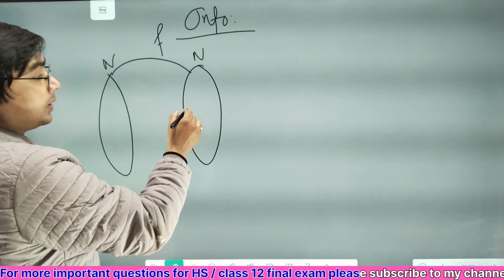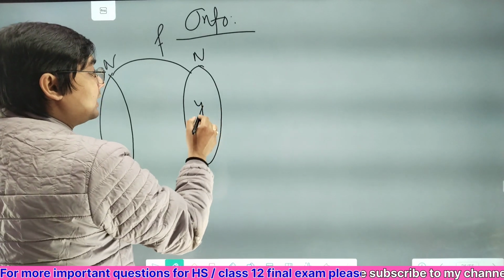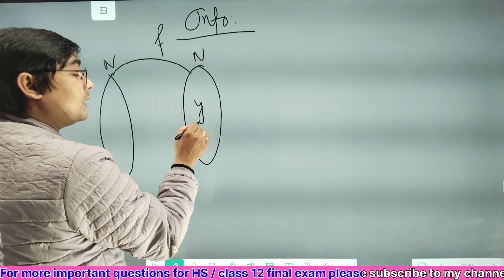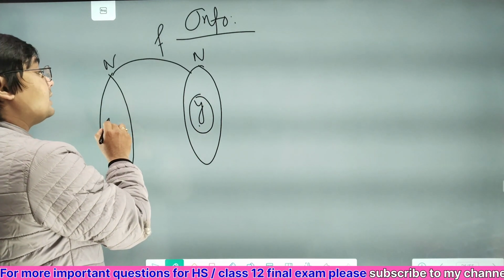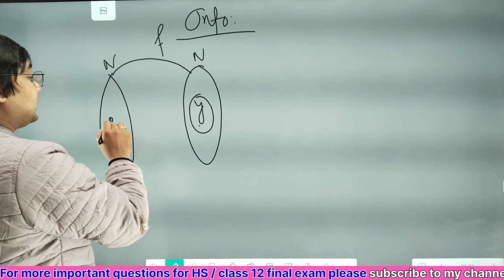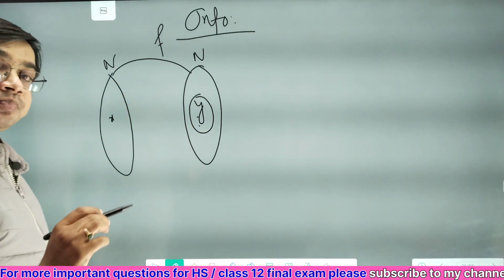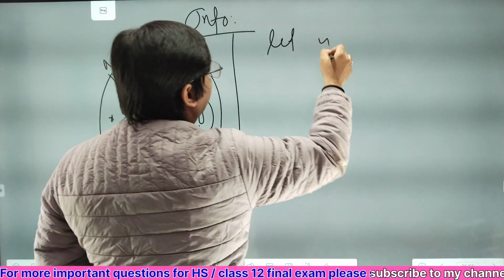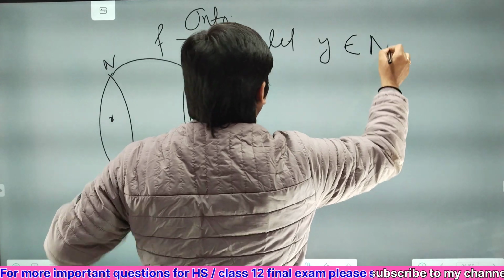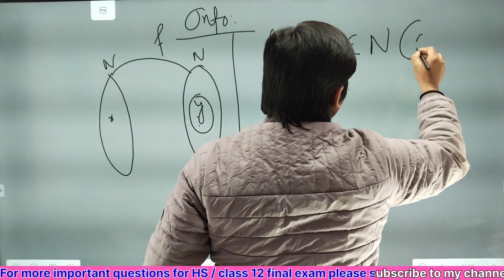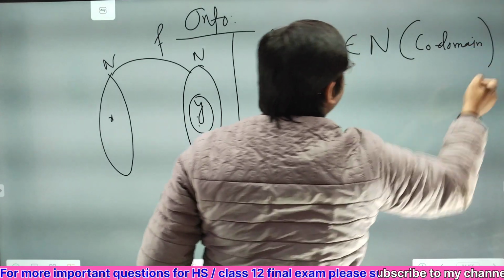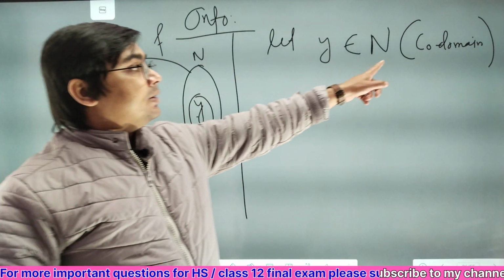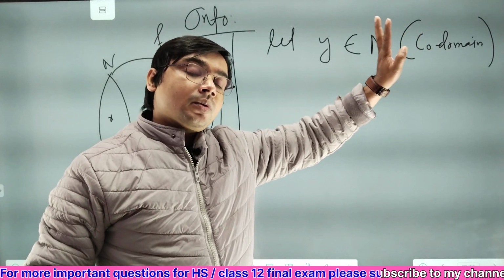So for onto, we choose any element in the codomain, and we need to show that there exists an element in the domain such that f of that x is equal to y. We consider any element y belonging to the codomain N.